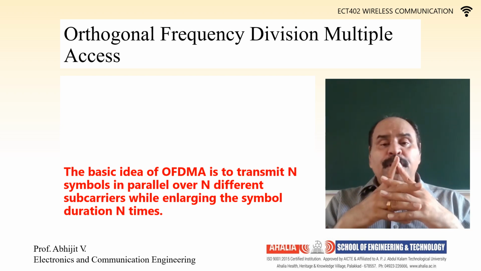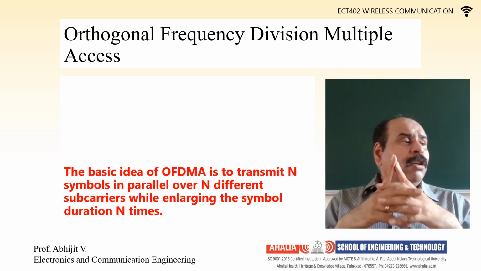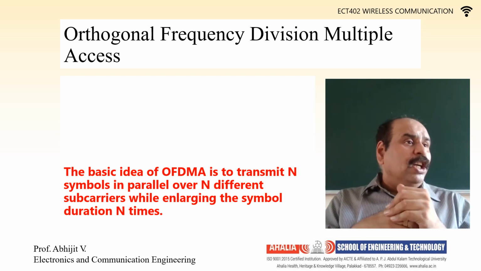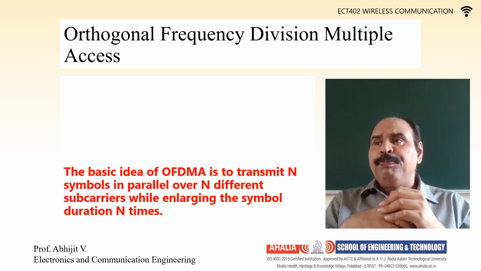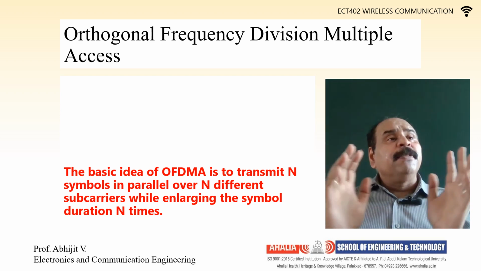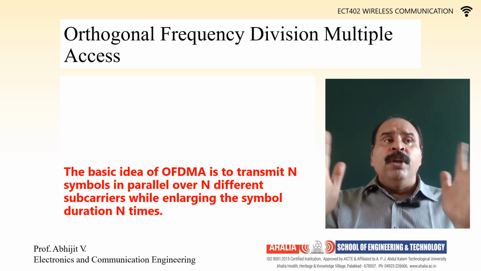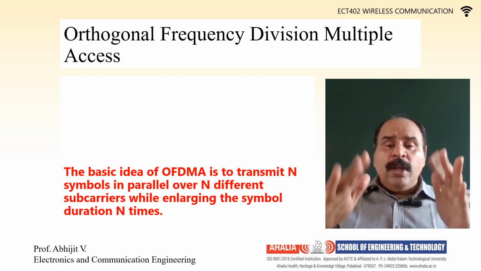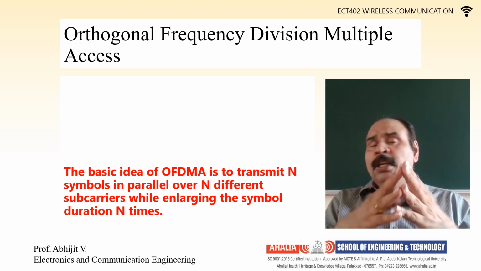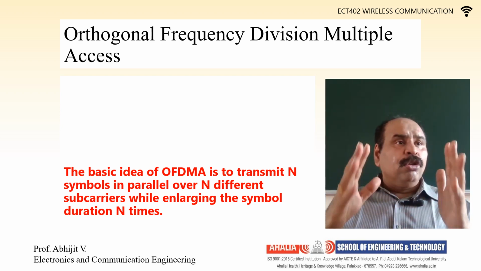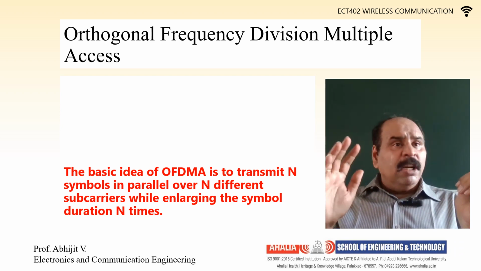Next important point is orthogonal frequency division multiple access, or OFDMA. The principle of OFDMA and how it works is all based upon OFDM, and the details of OFDM are something which we have seen in the third module.